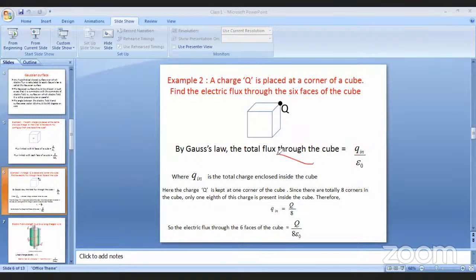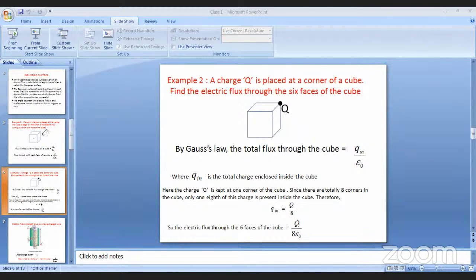This is the total flux coming out through the cube. Now, here the charge capital Q is kept at one corner, so you can't just take the charge inside as capital Q simply, because here the charge is kept at the corner.